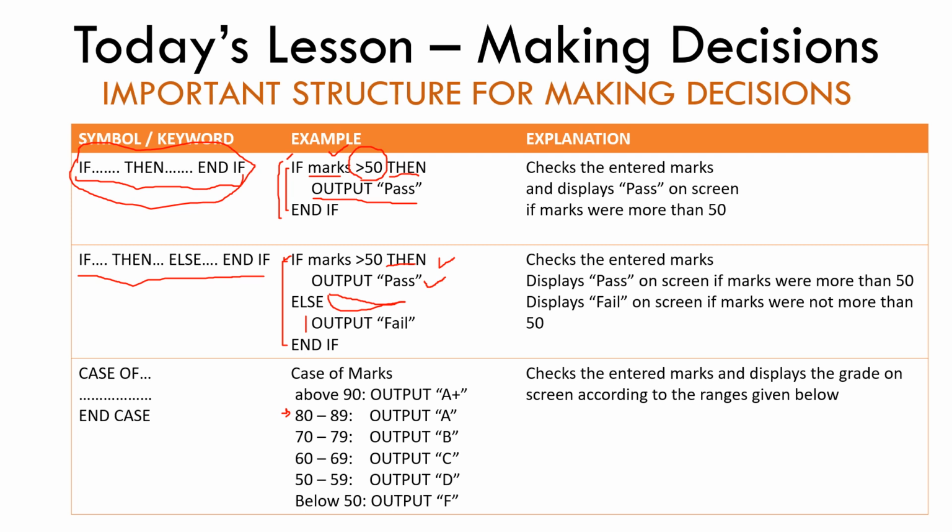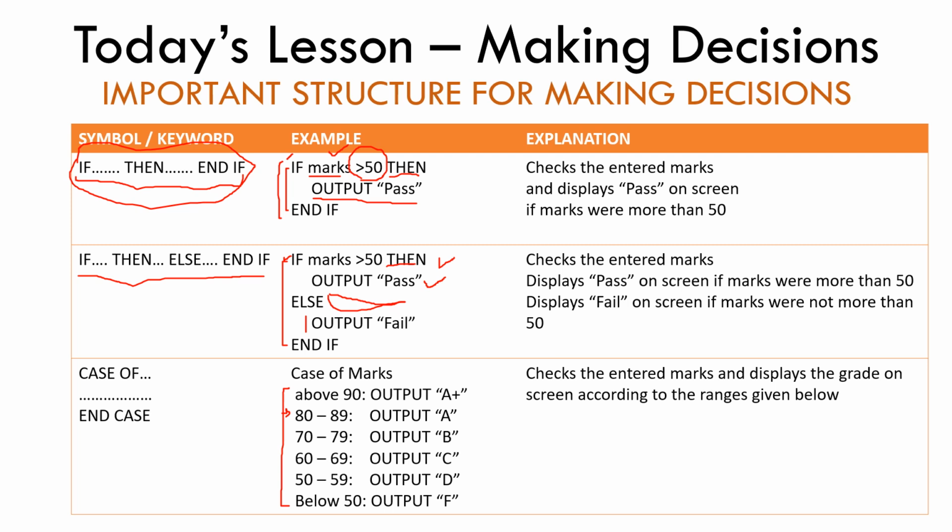So if you look over here, you have got many options to pick from, and you only have to select one out of all of them. In that scenario, when you have a lot of decisions to make, you can use a case statement. A case statement allows you to give more than one condition. So you can do more than two, more than three things based on what input was given.